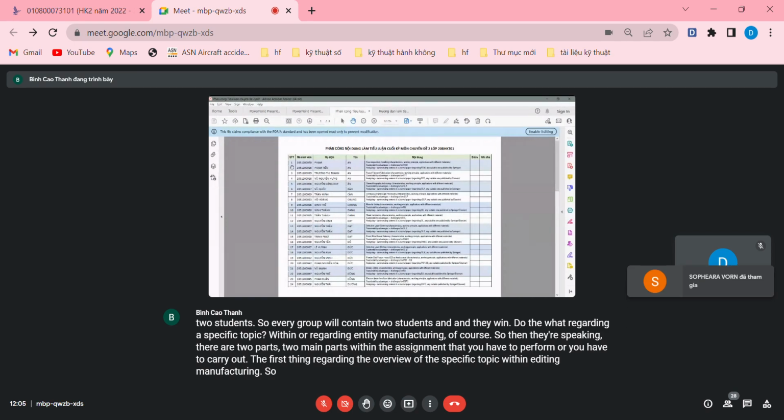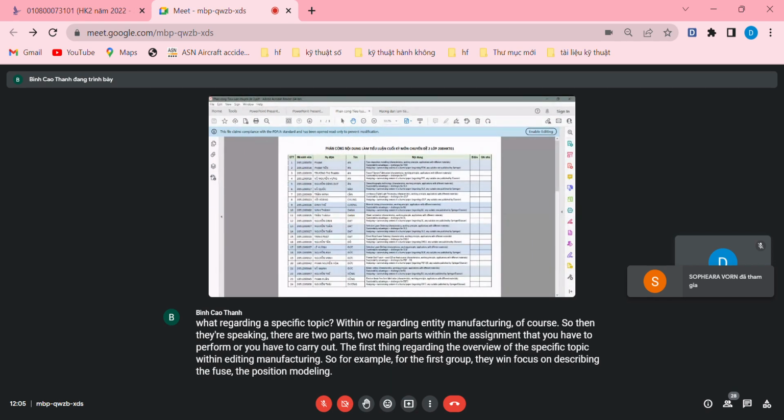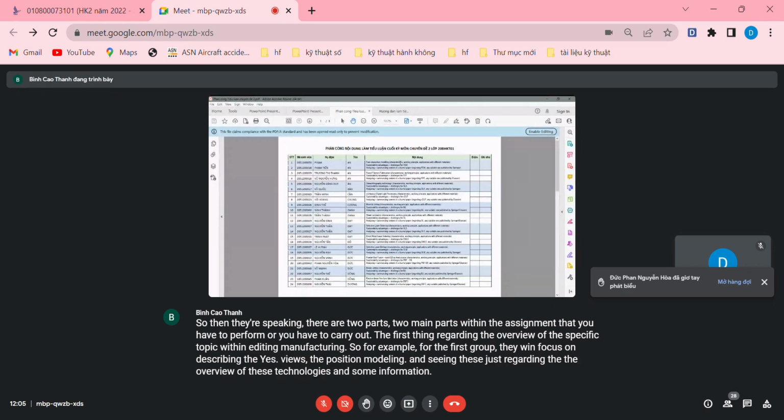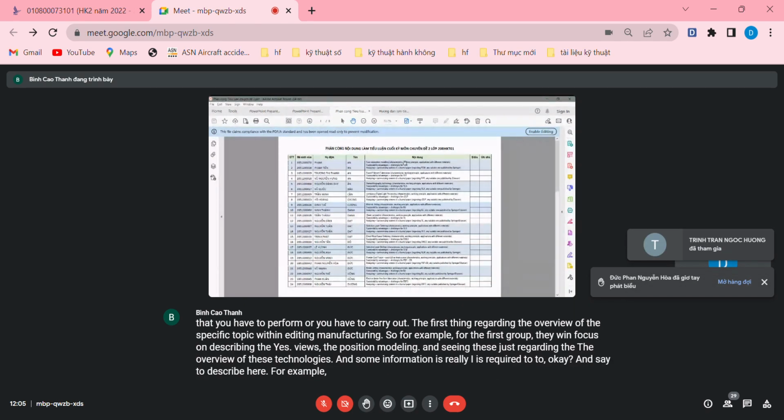For example, the first group will focus on describing fused deposition modeling. This is just the overview of this technology, and some information is required to describe here, for example, characteristics, working principle, and application with different materials.